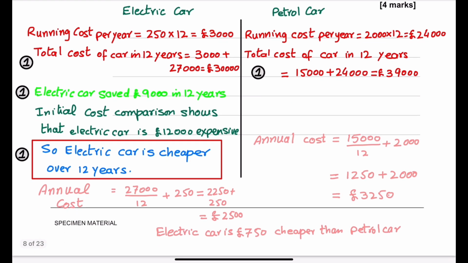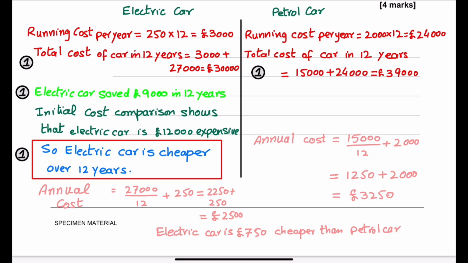There is another method given for both of them. We will spread the cost over 12 years, that is 27,000 divided by 12 plus the running cost per year, that is 250. Overall, the annual cost is 2,500 pounds for the electric car. Similarly, we can find it for the petrol car also. The petrol car has a cost of 15,000, so we can spread the cost over 12 years.